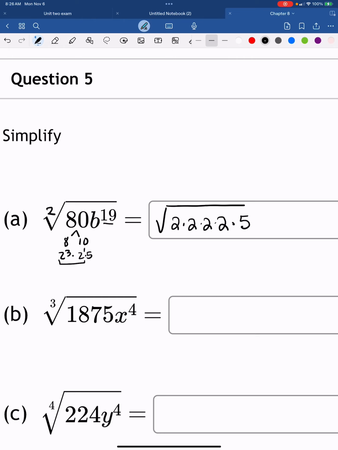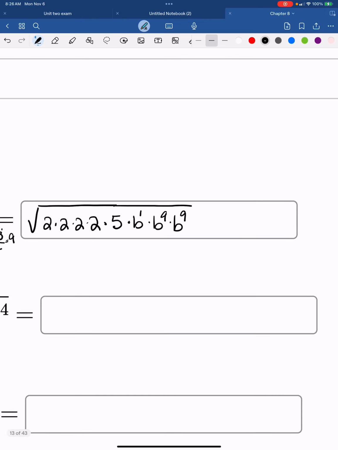Now this is the 19. So this becomes 1 plus 18. Since I'm dealing with a square, I'm going to divide this by 2 and get a 9. So 2 times 9. So this becomes b to the 1 times b to the 9th times b to the 9th. So this is b to the 19th.